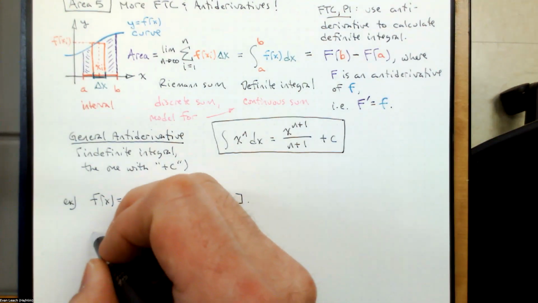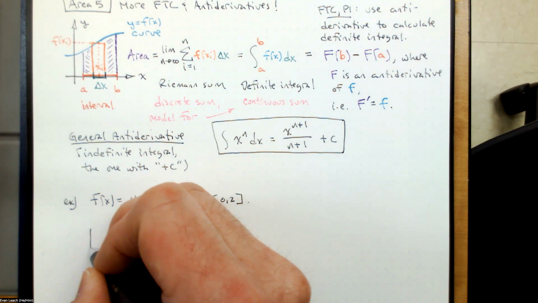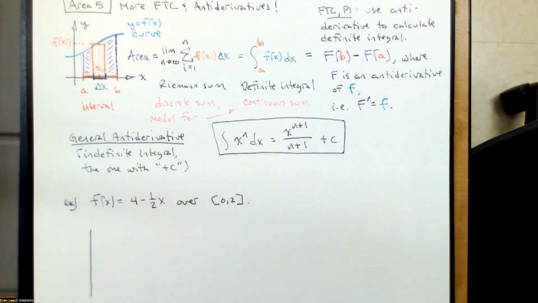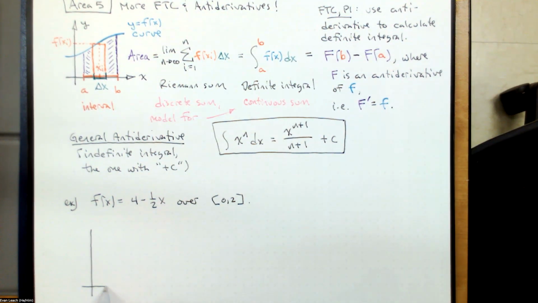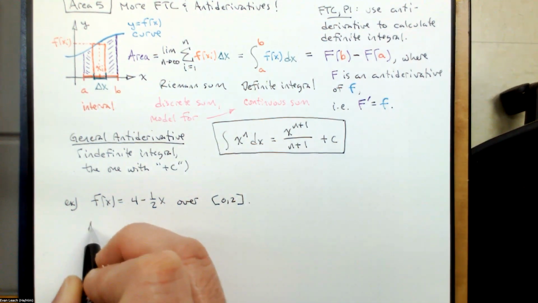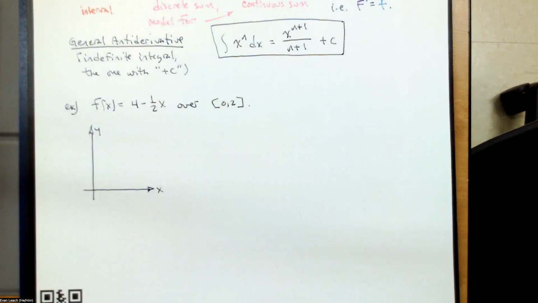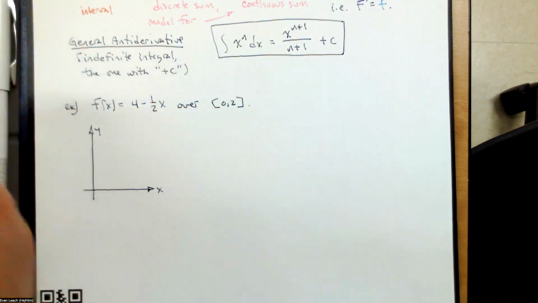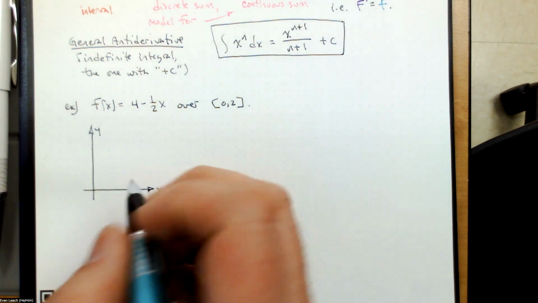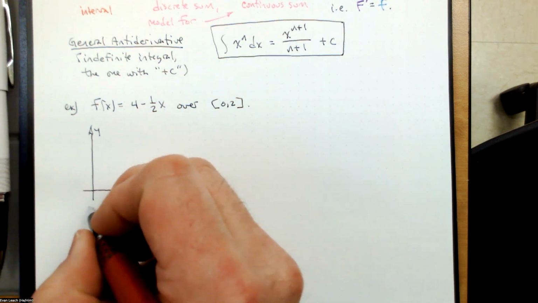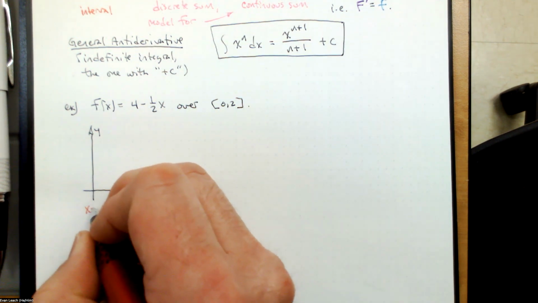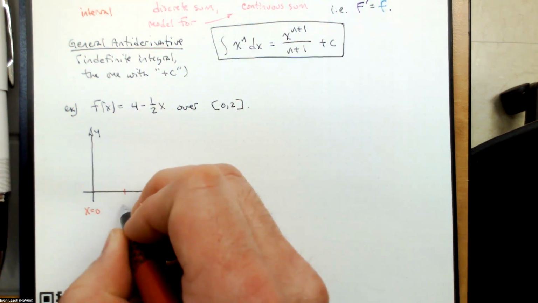So, the picture of what's going on. We're going to be looking at the interval from x equals 0 to x equals 2.